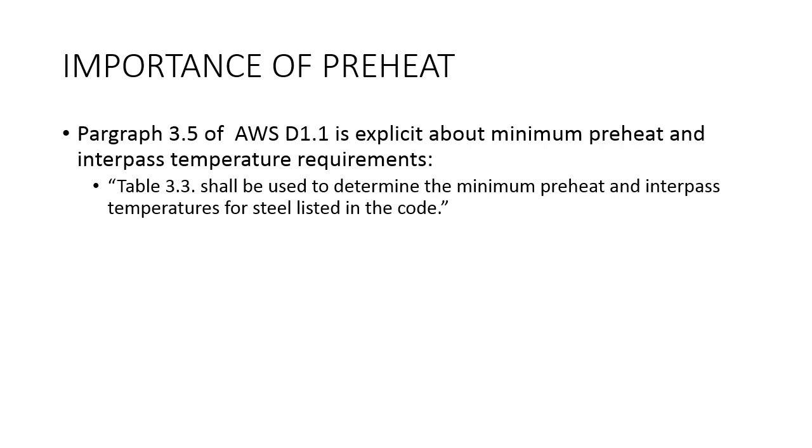If you have a thick material, a couple inches thick, and you're welding it in a cold climate like Minnesota or North Dakota or Chicago, you're going to want to preheat it to make sure that you have sound weld metal deposited in the weld joint. So it's ultra important that you preheat in cold climates and on thick materials, and the code realizes this. That's why they have a table that lays it out for you. You don't have to do much legwork. You just need to look it up and then list it on your pre-qualified WPS.